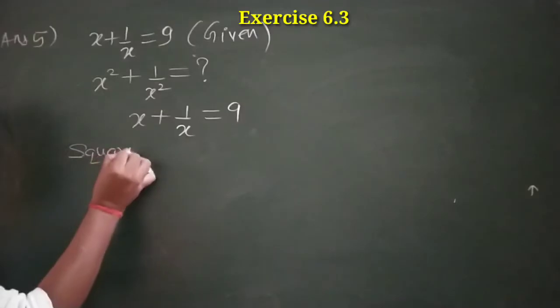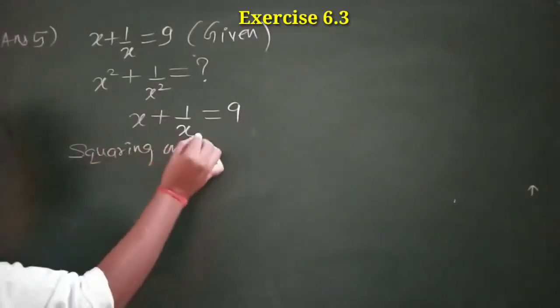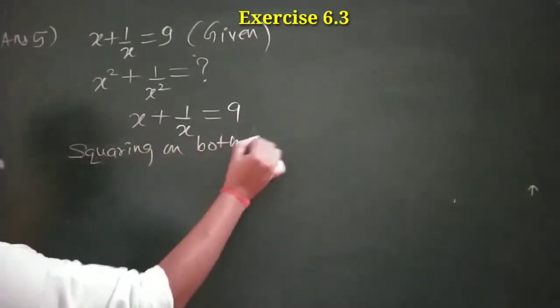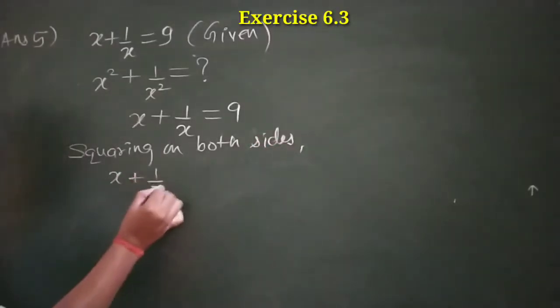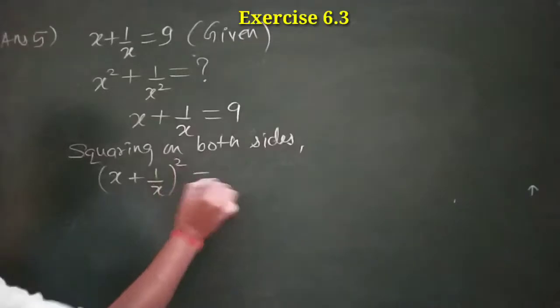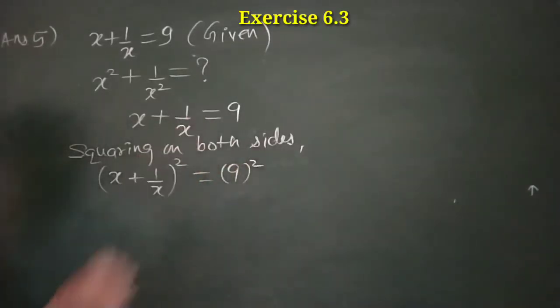Squaring on both sides. So what we will get? x plus 1 upon x whole square is equal to 9 whole square.